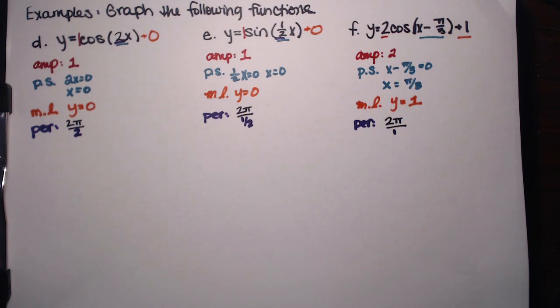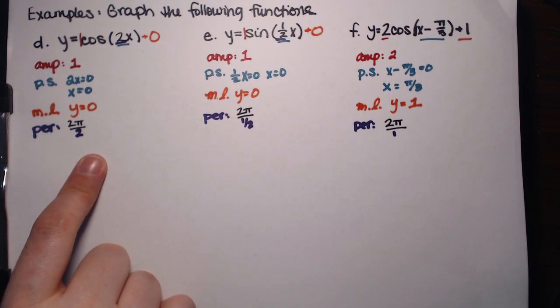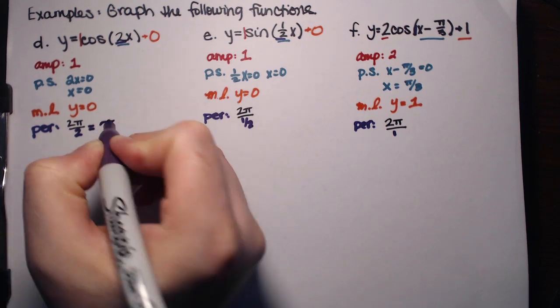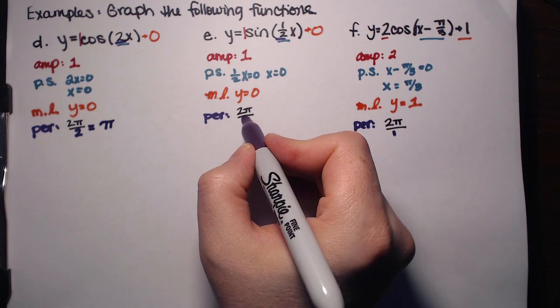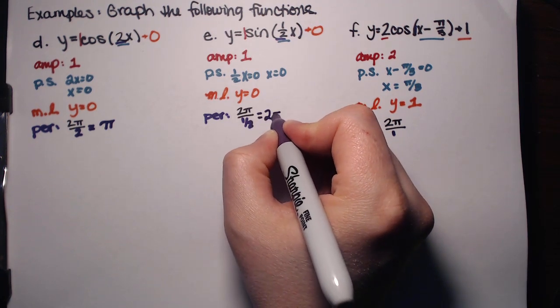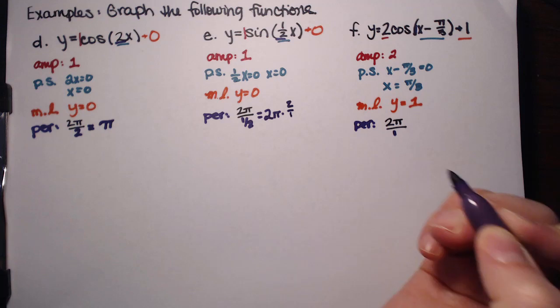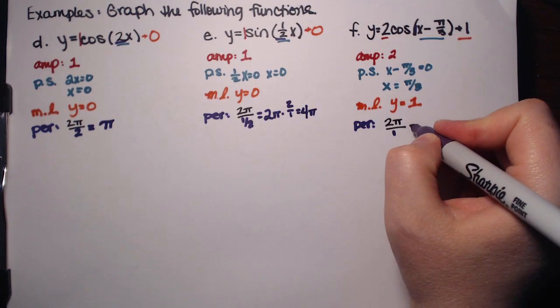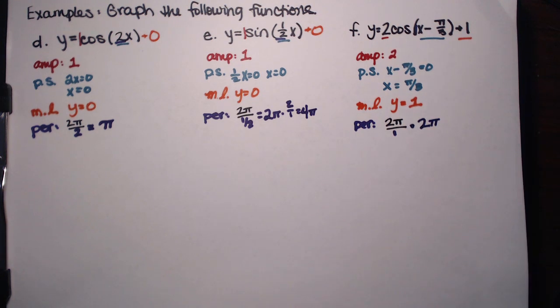So what is 2 pi divided by 2? Pi. This one I'm dividing by a fraction, so I need to multiply by the reciprocal. So I get 4 pi, and this one's just 2 pi.